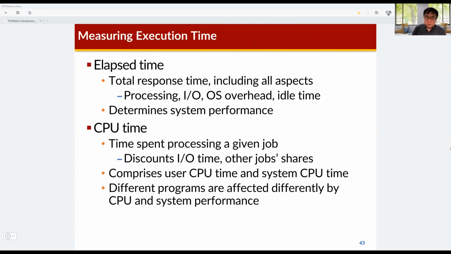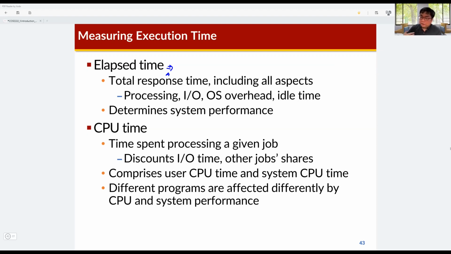We can just measure the entire elapsed time, the total execution time from when we push the enter key for some application until the end of this application. That is the elapsed time.